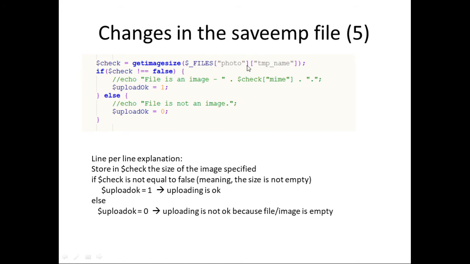On the next line now, if check is not equal to false, then that means the size is not empty, then upload okay is still equal to 1. But if check is equal to false, so here it is not equal. If it is equal to false, then that means upload okay is 0. And that means we cannot upload the file because the image is actually empty. The size is 0.